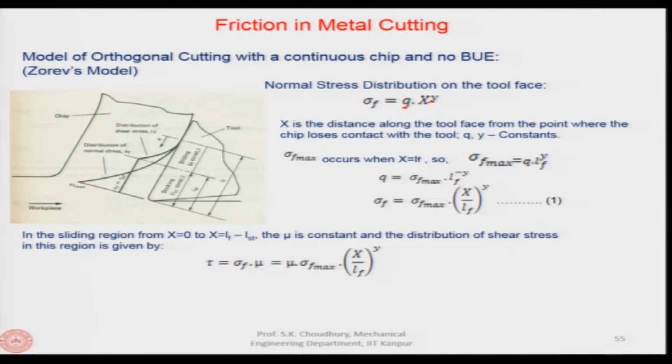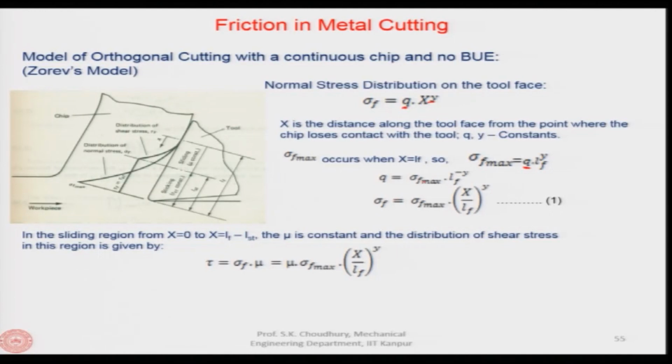Okay. Therefore, the sigma f maximum can be determined if we put the value of x as LF. So, it will be q LF to the power y. From here we can find out the constant q, which will be sigma f maximum, and we will put the LF to the power y to the left side, which will be LF to the power minus y.